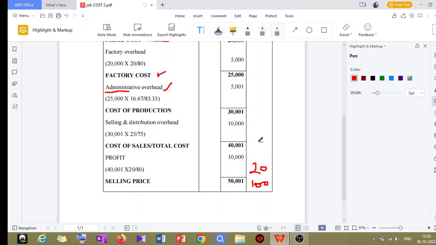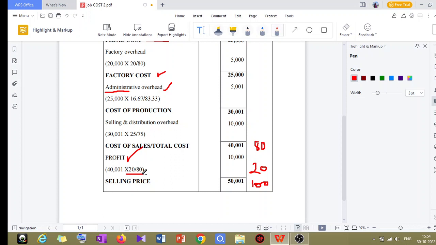Then what will be the total cost? 100 minus 20, it will be 80. Got it? So when you're calculating the profit on the cost, it will be 40,001 into 20 by 80. Clear?